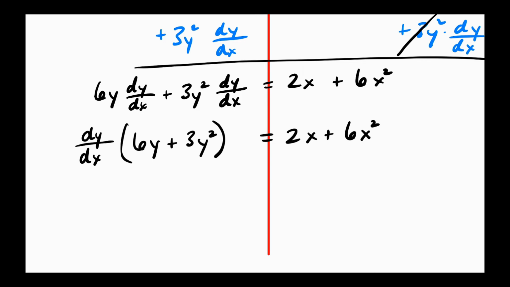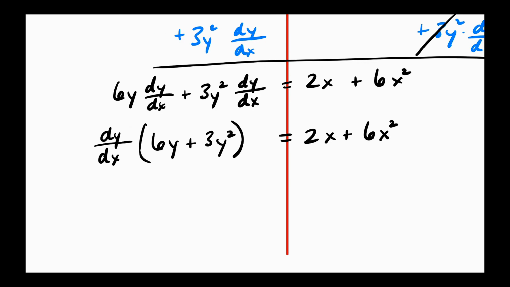Don't wait for me. If you know what the next step is, do it on your paper, if you haven't already. Some of you have already done this. What's the last step? Divide. Divide by what I don't need.